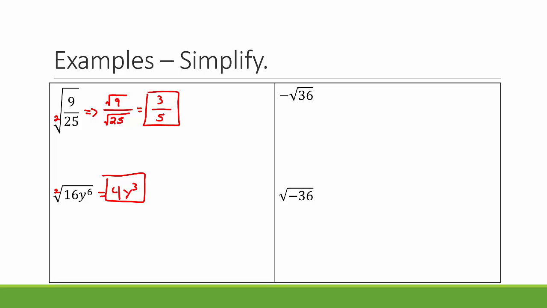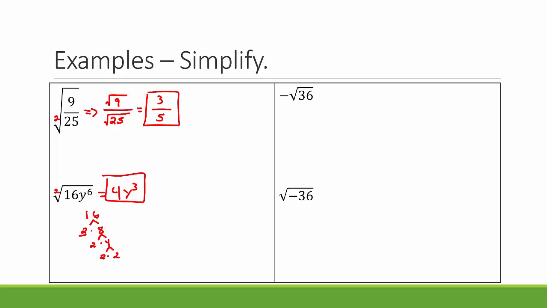Now, if you cannot figure out what the perfect square or perfect cube, when we get to that, is of a particular number, then you can do the prime factorization of that number, or a factor tree. 2 times 8 is 16, 2 times 4 is 8, 2 times 2 is 4.